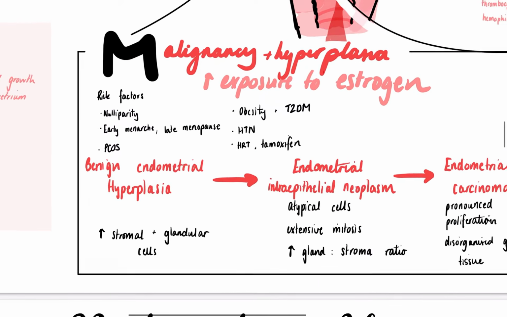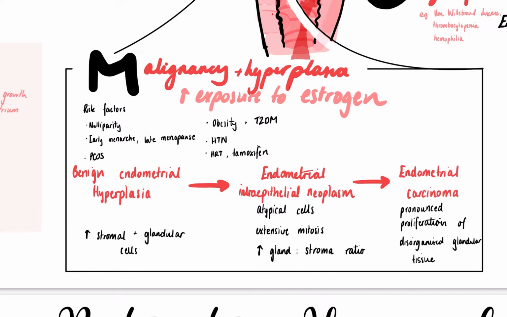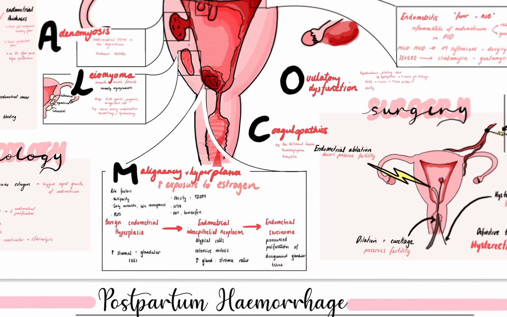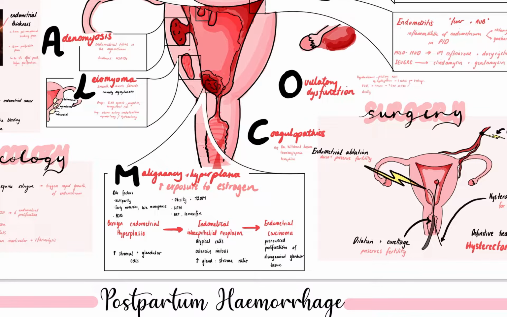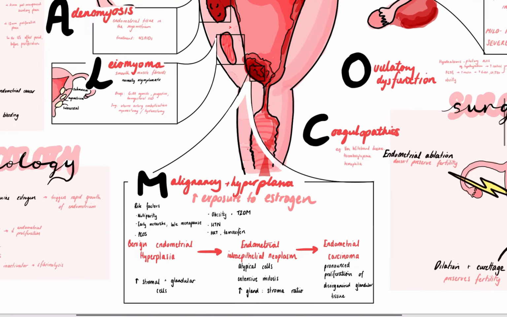Then we have M. Malignancy and hyperplasia is a big topic, and I'll only briefly touch on it here. Basically, malignancy and hyperplasia occurs in the endometrium as a result of increased exposure to estrogen, which results in proliferation of the endometrium.